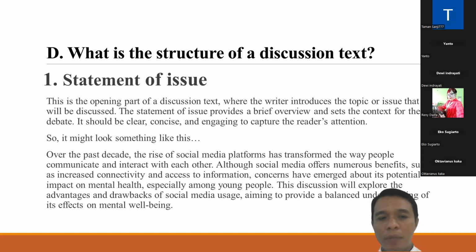This is the opening part of a discussion text where the writer introduces the topic or issue that will be discussed. The statement of issue provides a brief overview and sets the context for the debate. It should be clear, concise, and engaging to capture the reader's attention.